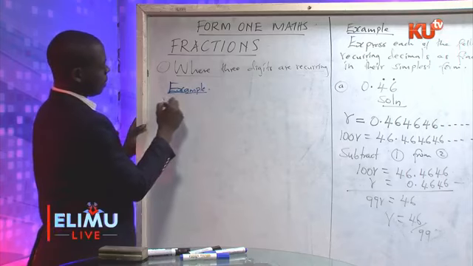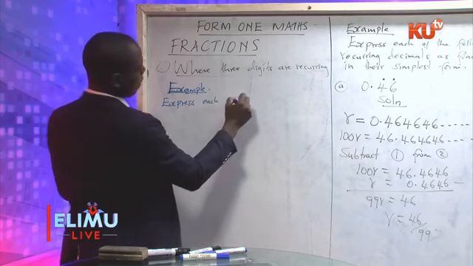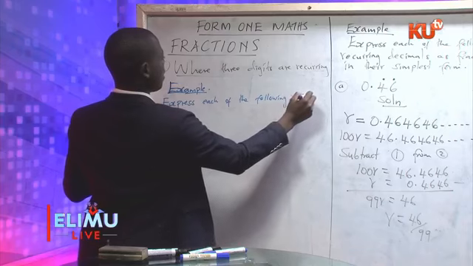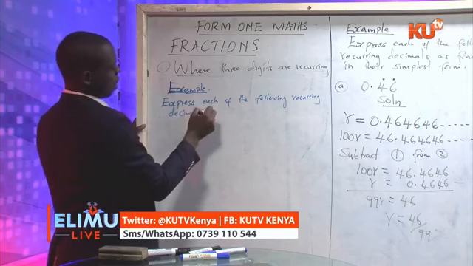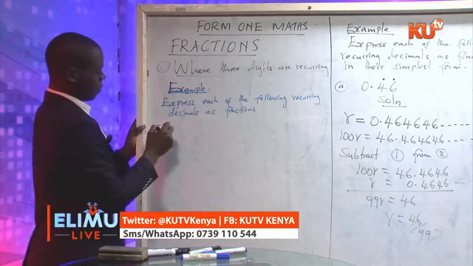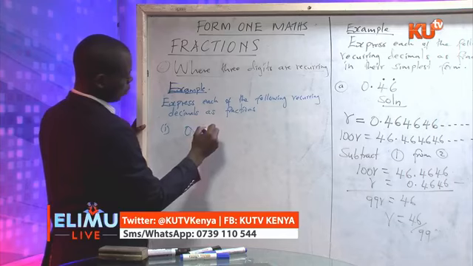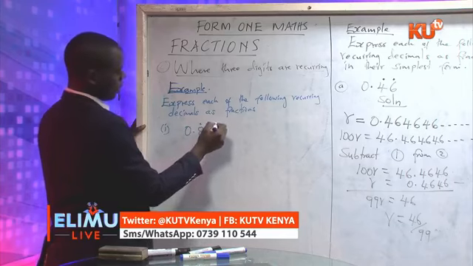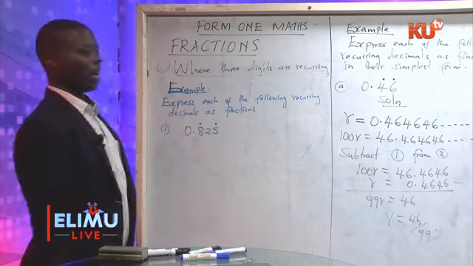You are told to express each of the following recurring decimals as fractions. So the first one we have is 0.825, with a dot on top of 8 and a dot on top of 5 to mean that all of them are recurring.